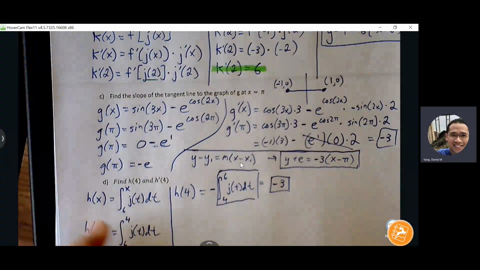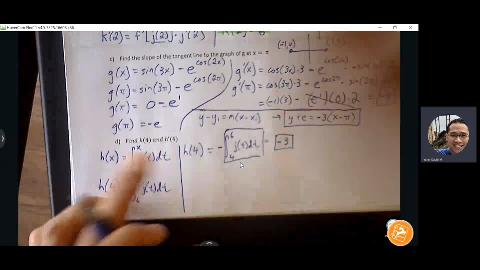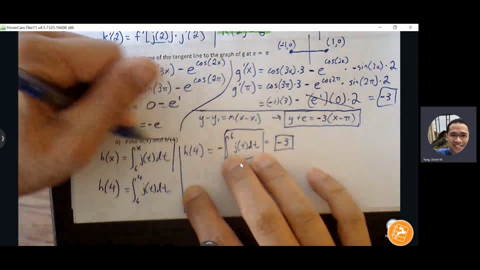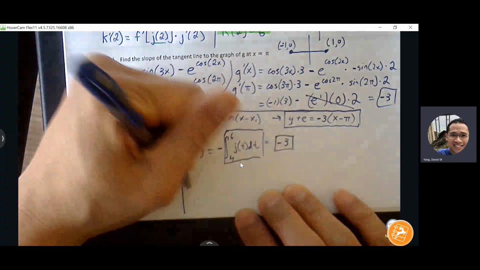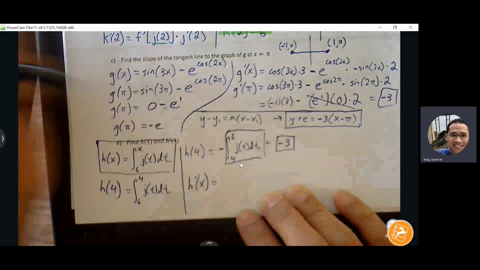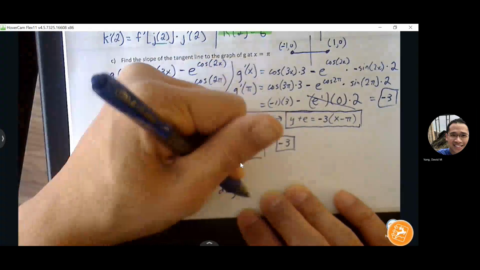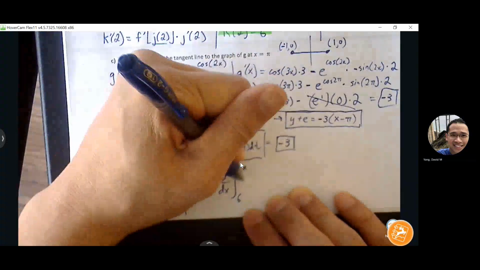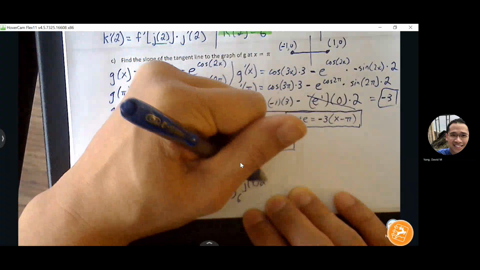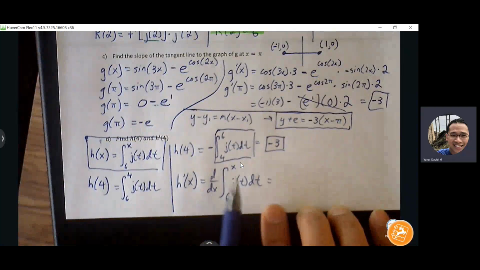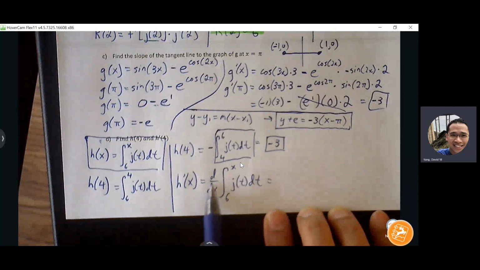Next part is asking for h prime of 4. Before I can find h prime of 4, I should first find h prime of x, right? So here's h of x. If I want to find h prime of x, I'm just going to write out what I want to do. I want to find the derivative of this. Does this remind you of anything? What's going to happen here? Cancel out, right? This is the second fundamental theorem.